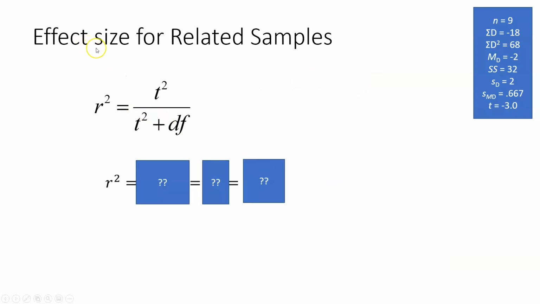We also need to be able to compute an effect size in terms of the percentage of variability that's accounted for. So that's abbreviated R squared, and the formula that you use in your formula sheet is the same here. We square our t and put it over the squared t plus the degrees of freedom.